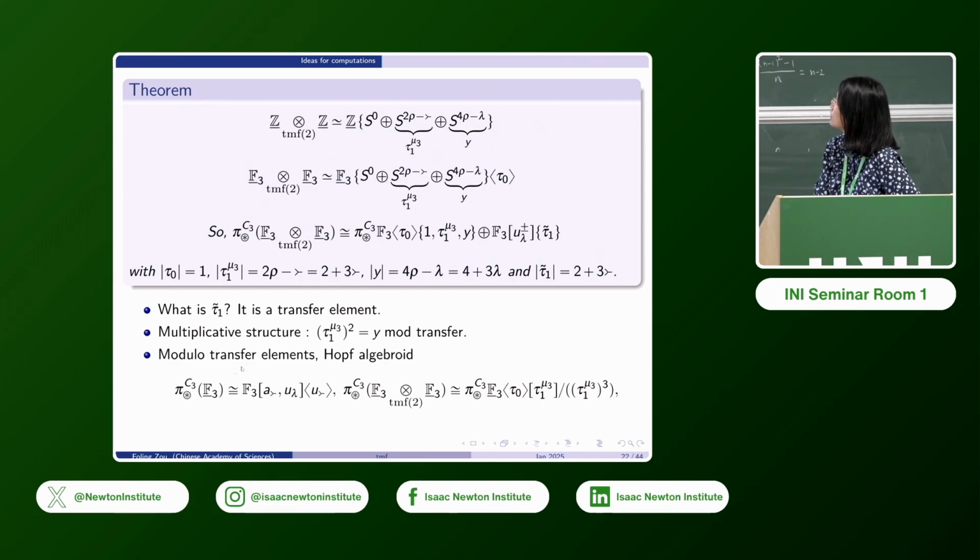So if we mod out transfers, throw all these away, and use this relation, we get the coefficient ring: exterior tau 0 and polynomial generator tau 1 mu3 mod the relation that tau 1 mu3 cubed is 0. We have tau 1 mu3 squared, which is y, and tau 1 mu3 cubed is 0. So that's how spoke grading helps, because it makes it simple like this.